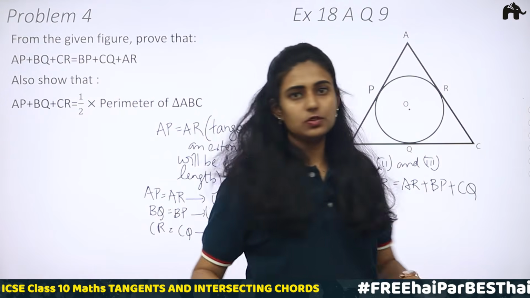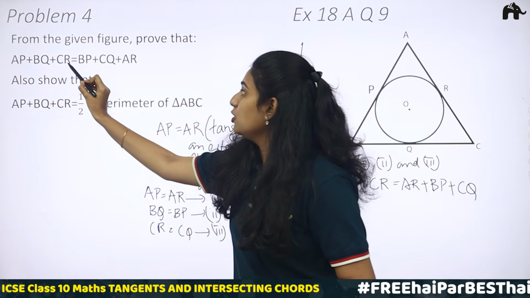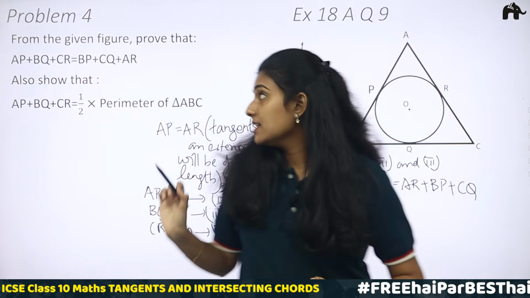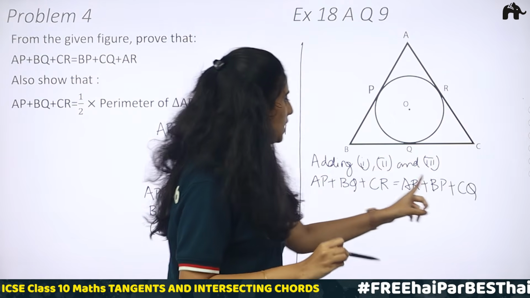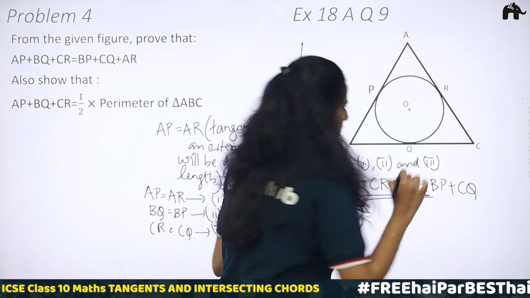Okay. So the first thing what we had to prove is AP plus BQ plus CR is equal to BP plus CQ plus AR. So this proof is clear.